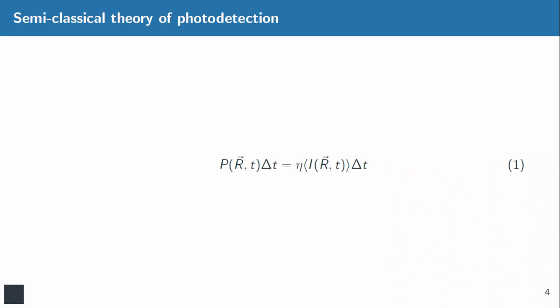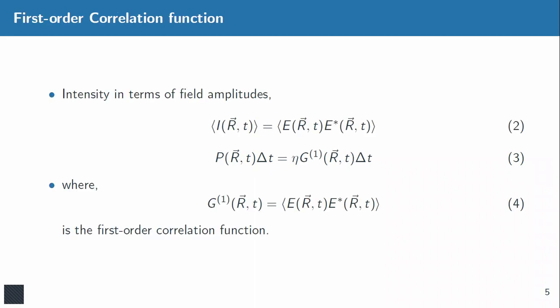So the probability of photodetection in the time interval delta t is given in equation 1, where eta is the efficiency of the photodetector. We can also define the intensity of the given field in terms of its amplitude, and it is written in equation 2.